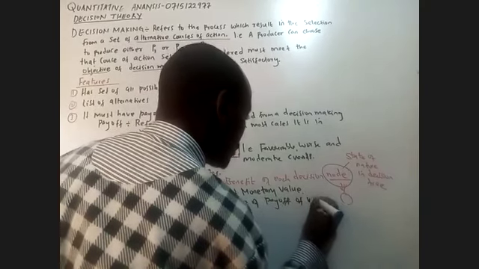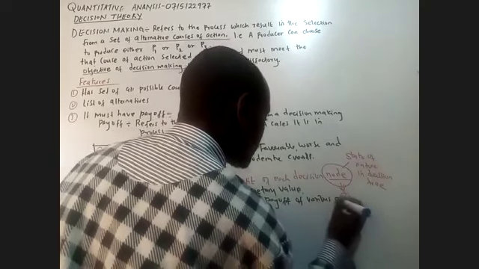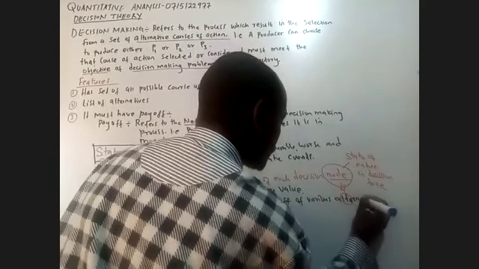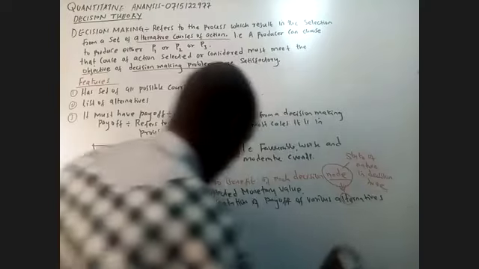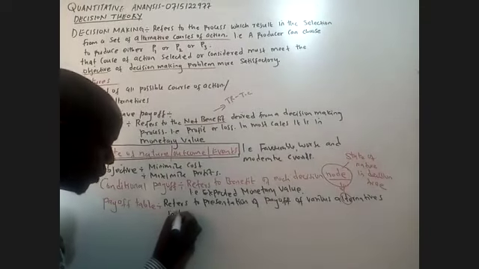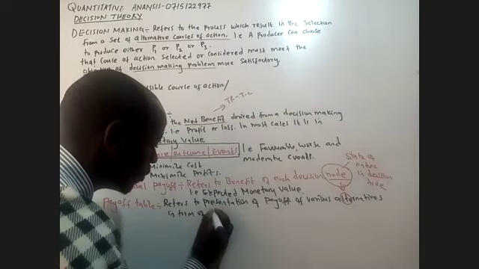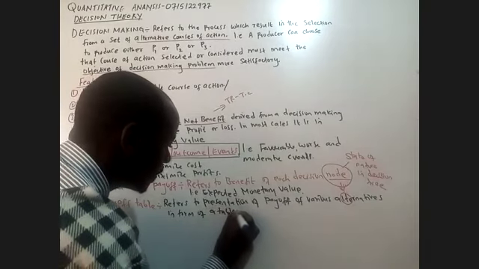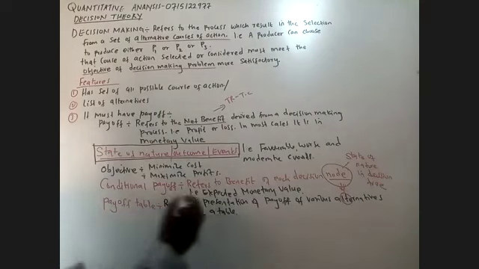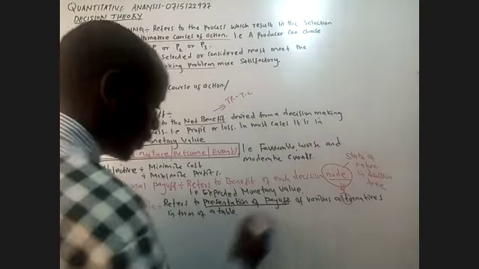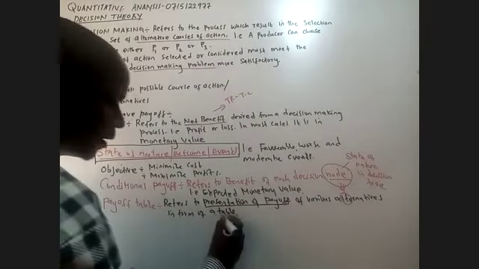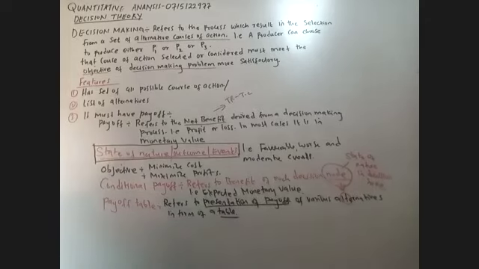So a payoff table refers to the presentation of the payoffs of various alternatives in the form of a table.